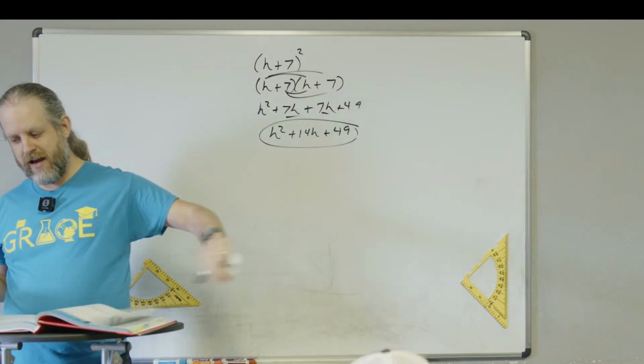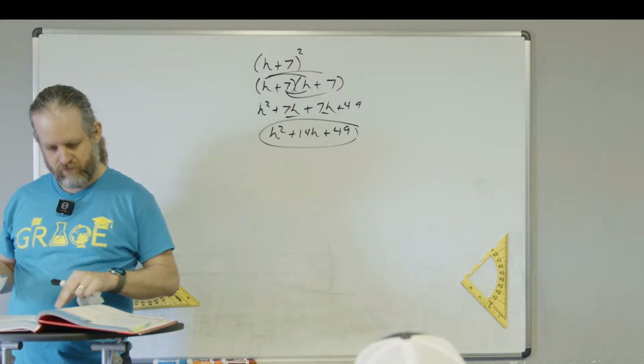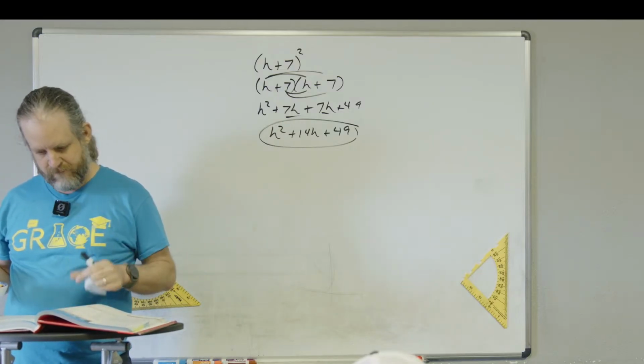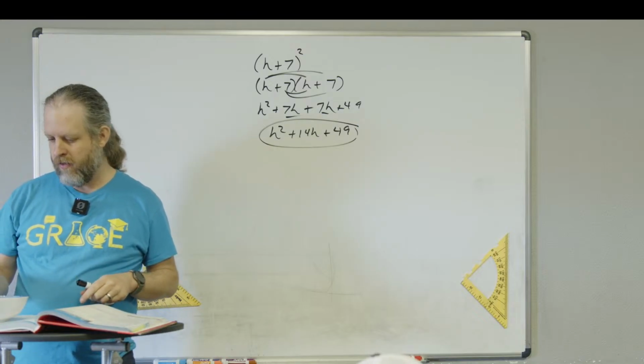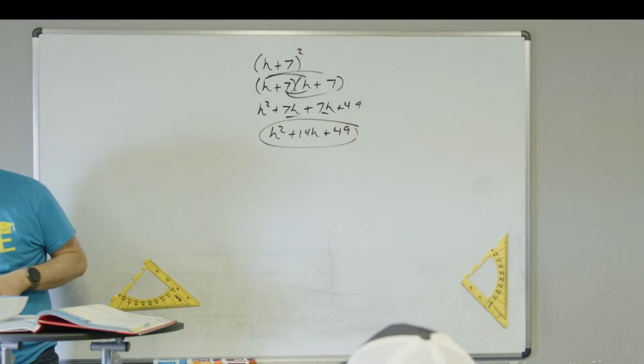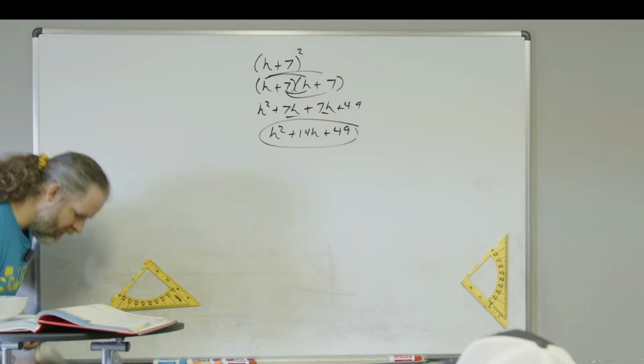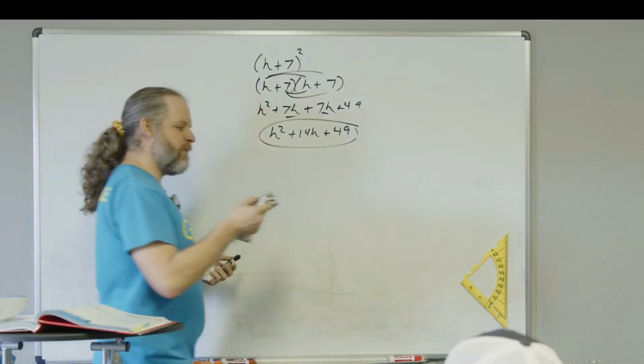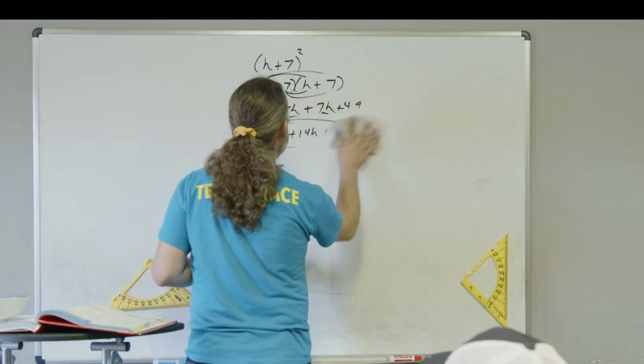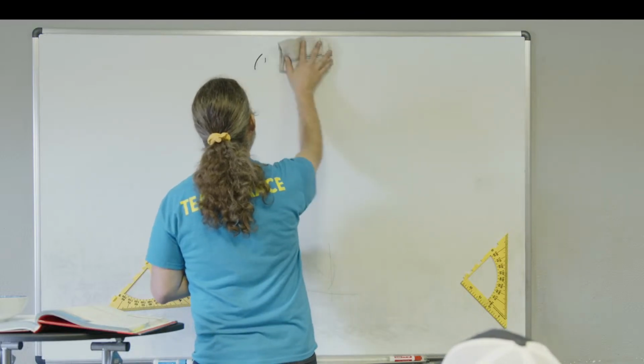Let's hit 8-5 and learn how to factor by grouping. They call it using the distributive property. We are factoring by grouping is what we are doing.